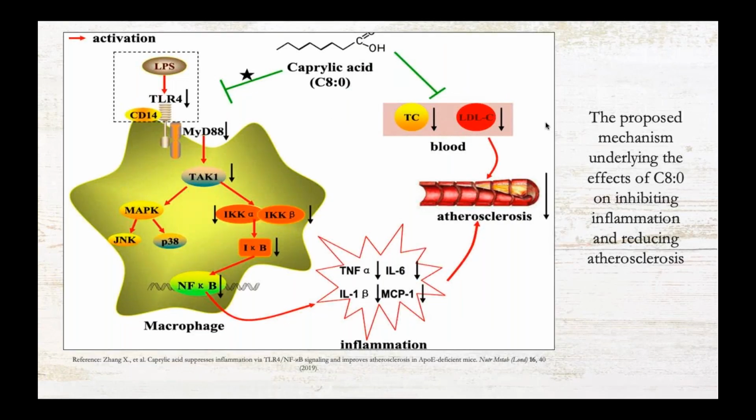Again, in addition to having those types of favorable advantages when we look at metabolism, caprylic acid has been shown to be anti-inflammatory and to block the effects of lipopolysaccharides on macrophages.